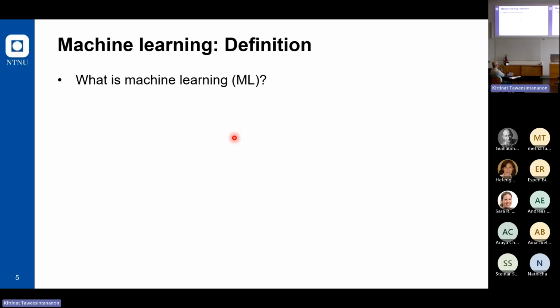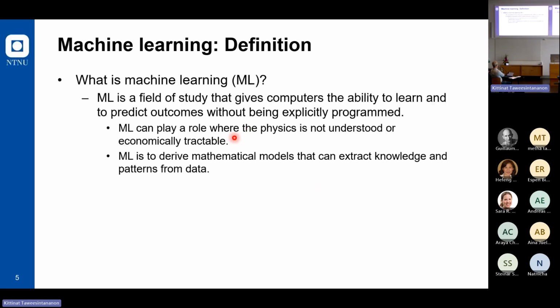What is machine learning? ML. Machine learning is the field of study that gives computers the ability to learn and to predict outcomes without being explicitly programmed. The key one is without being explicitly programmed. So you don't need to write your own code in C or Python in a very difficult form.